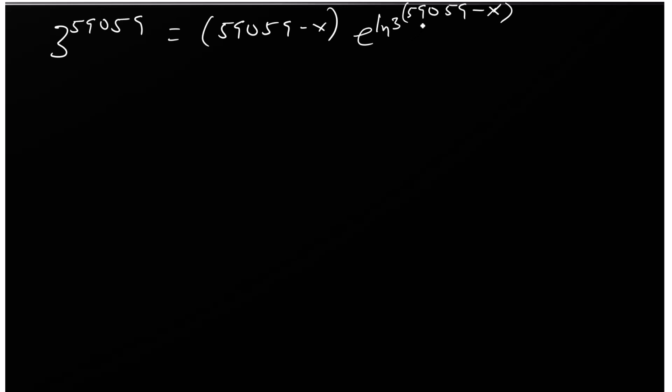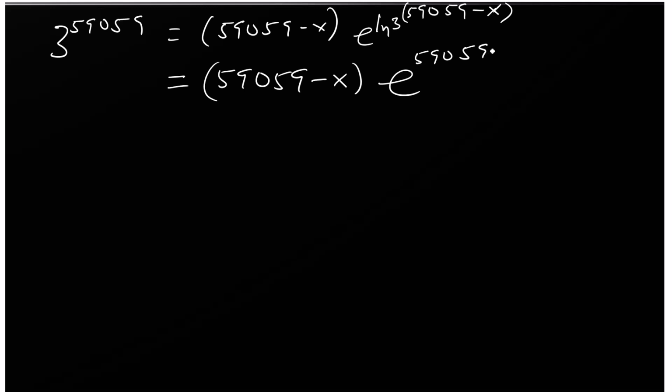Now from here we can write this one using the power rule. So we have 59059 minus x, so that will be e to the power 59059 minus x ln of 3.